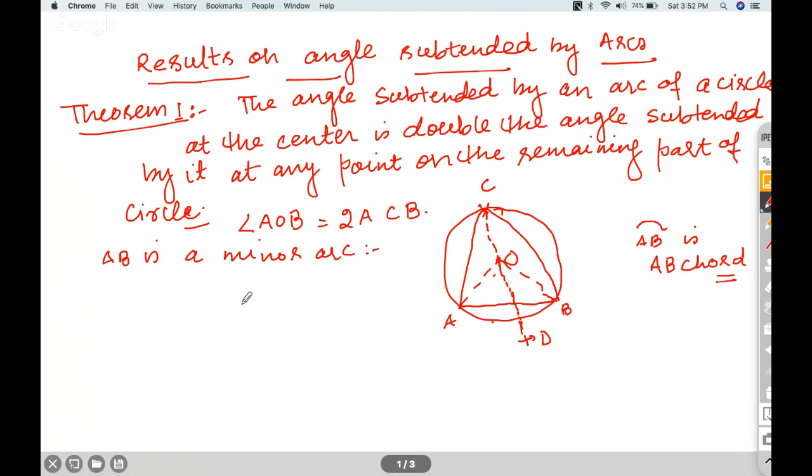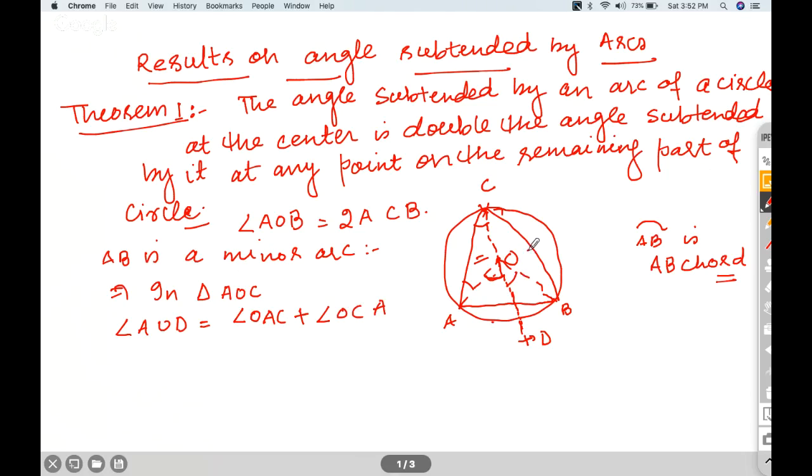So you look at here, if I take this particular triangle, in triangle AOC, this angle becomes an exterior angle. So exterior angle AOD is equal to two interior angles, this and this, angle OAC plus angle OCA.